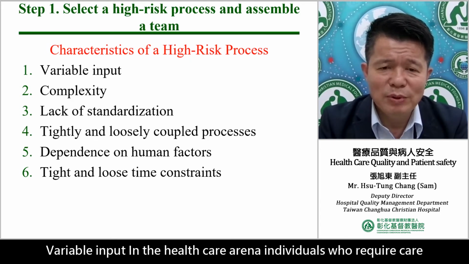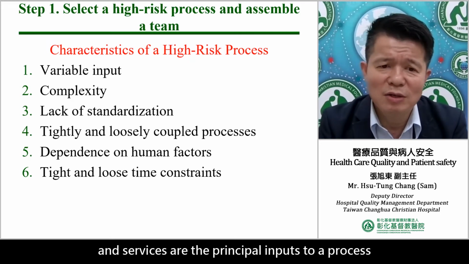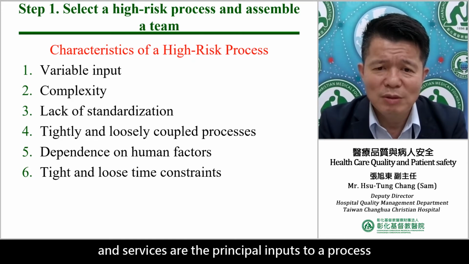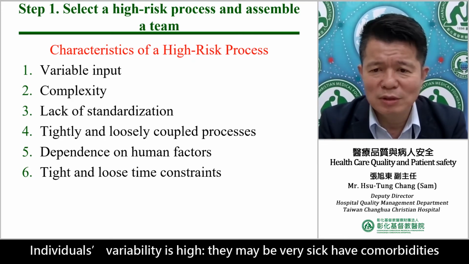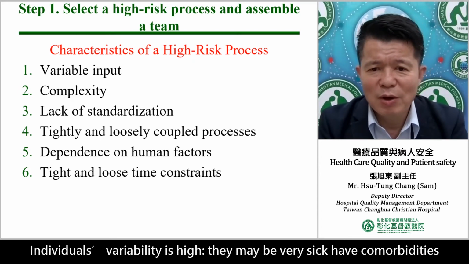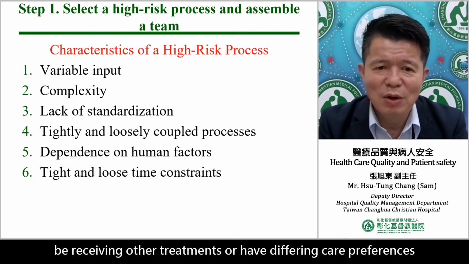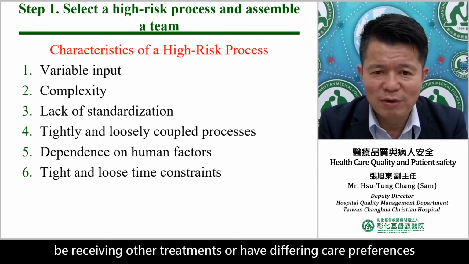Variable input: in the healthcare arena, individuals who require care and services are the principal inputs to a process. Individuals' variability is high. They may be very sick, have comorbidity, be receiving other treatments, or have differing care preferences.